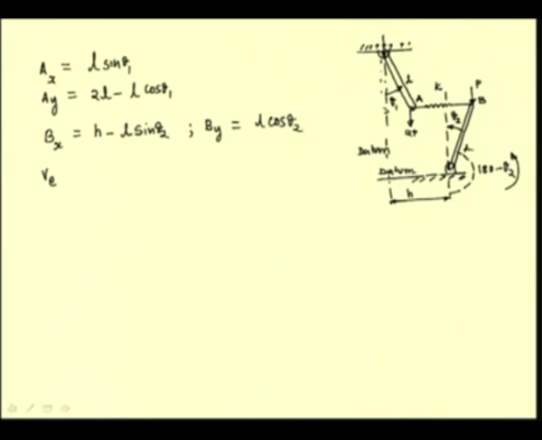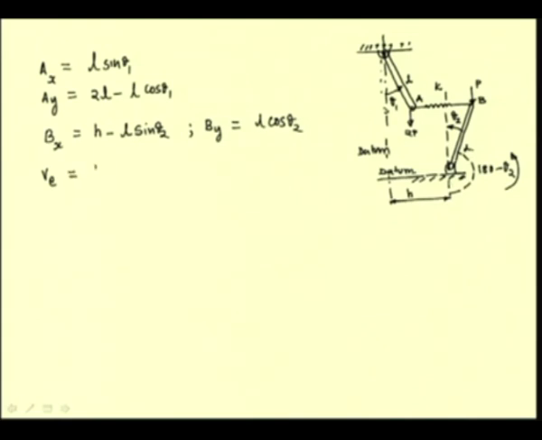Now, the potential energy is the potential energy associated with the mass and with the elastic spring, but here we are assuming massless links. So, the potential energy is only the potential energy due to the elastic force, that is the spring force K. The stretch of the spring is nothing but Bx minus Ax, the horizontal position of B and A, minus this h, which is the original length of the spring.